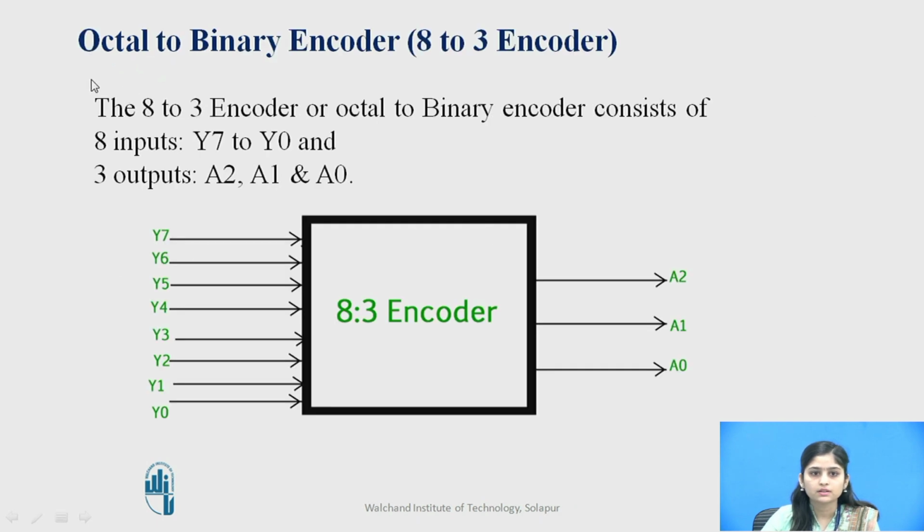The 8:3 encoder consists of 8 inputs from Y0 to Y7, and here we are having the 3 outputs, that is A0, A1 and A2. This is the diagram for our 8:3 encoder. Here we are having 8 different inputs from Y0 to Y7, and here we are having 3-bit output, that is A0, A1 and A2.